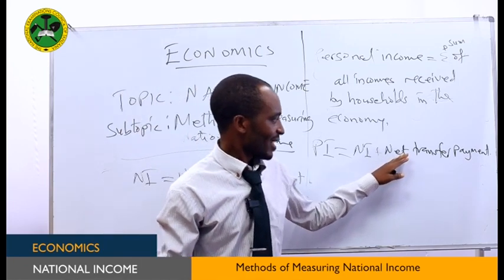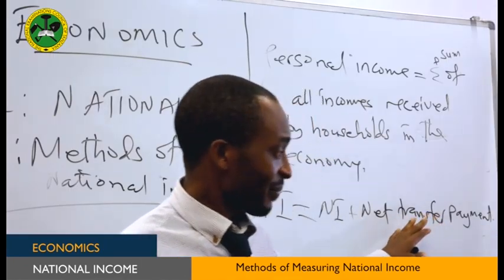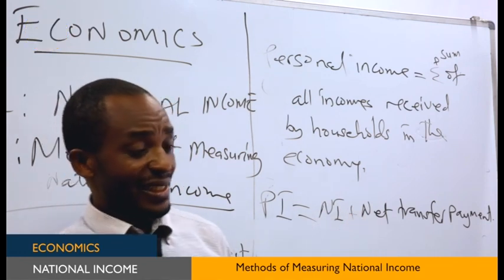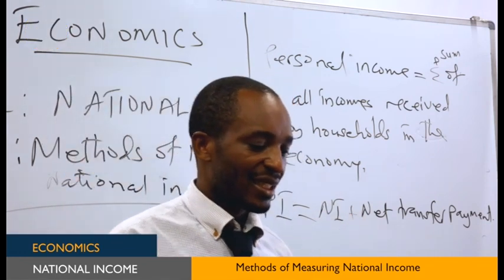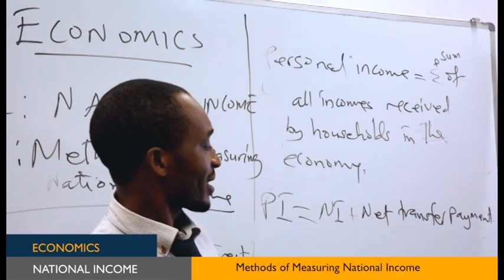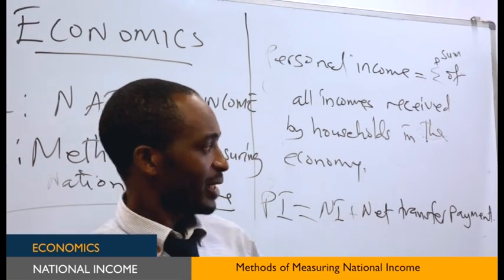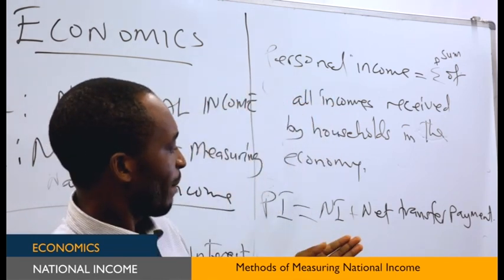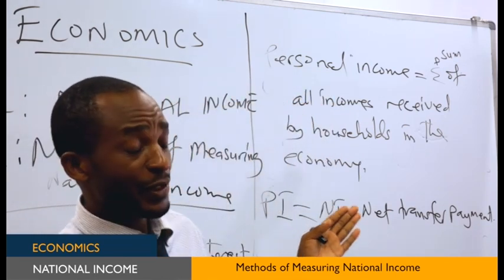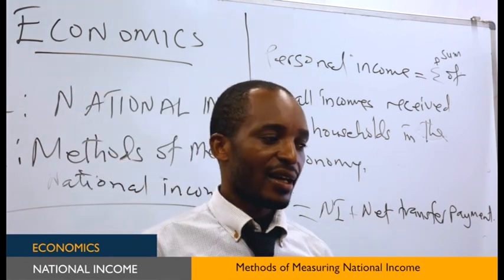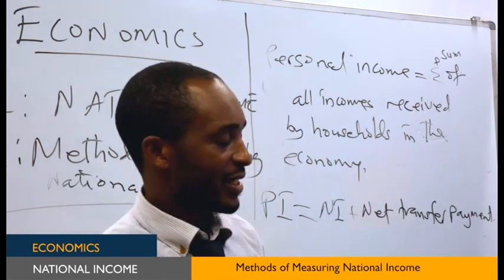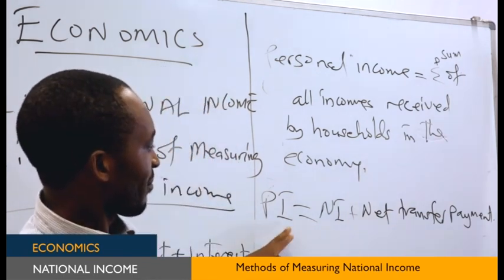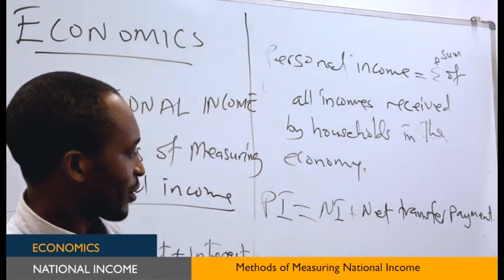Now the net transfer payment is what remains after deducting contributions like undistributed profit, social security contributions, and so forth. So if you subtract those, you remain with personal income.